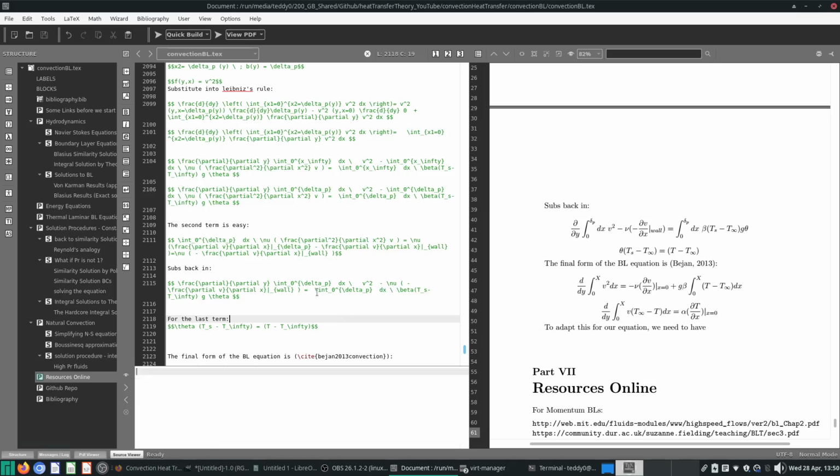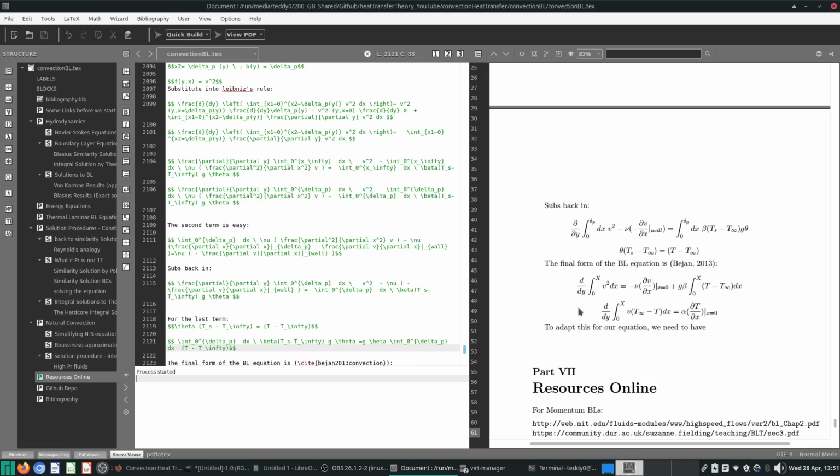So let's evaluate that integral, and then I'll just say it's equal to T minus T infinity, g beta on the outside, and everything else should reside on the inside.